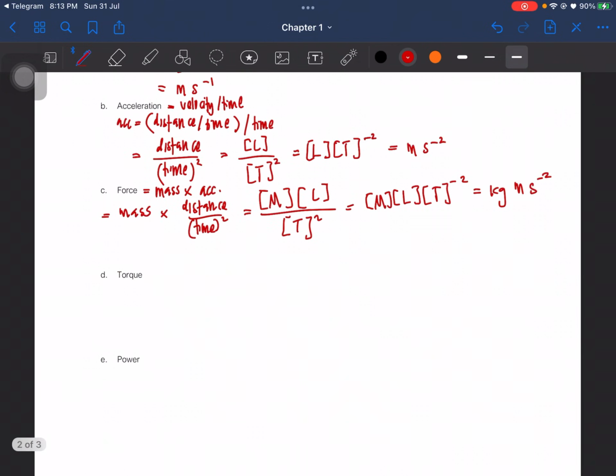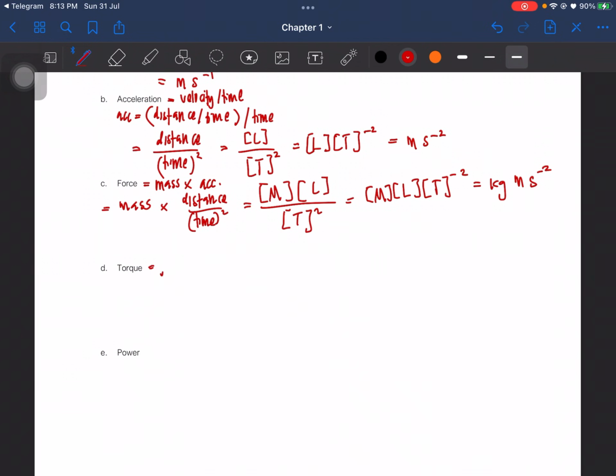Now we have torque. Torque is equal to force times distance, and we've obtained force here, which is mass times distance over time squared, times again with distance.